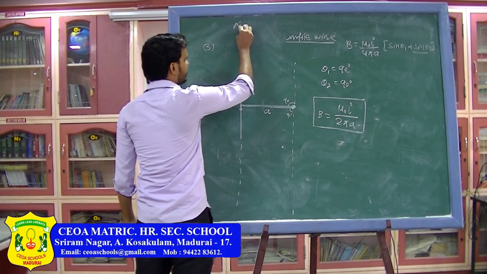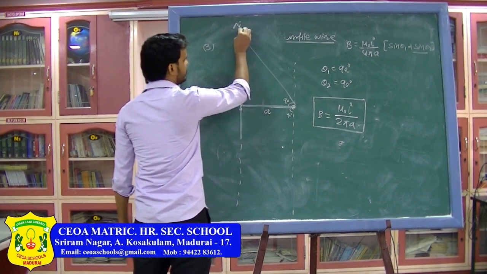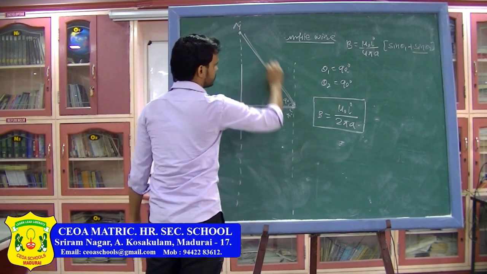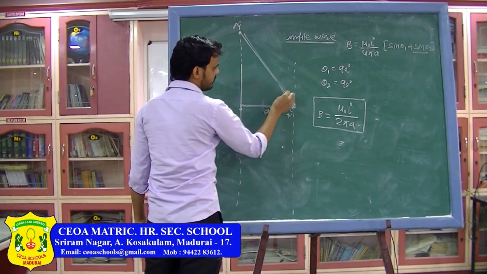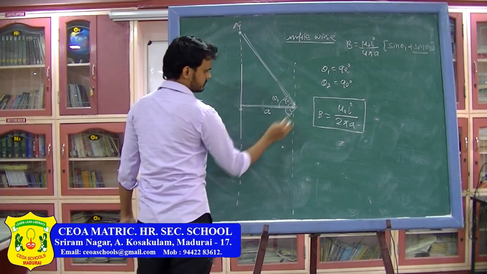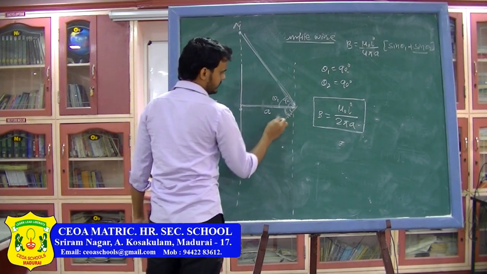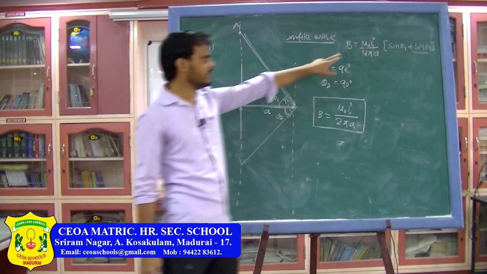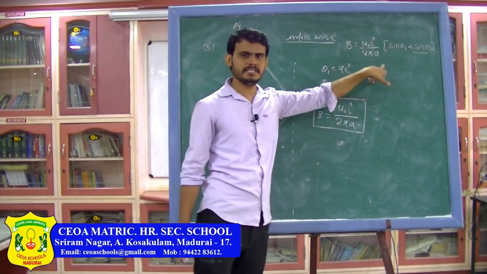Theta 1 is the angle between the line joining this end of the wire and the point, and the perpendicular, and between the other line and the perpendicular we take the angle as theta 2. This holds true for any straight wire.